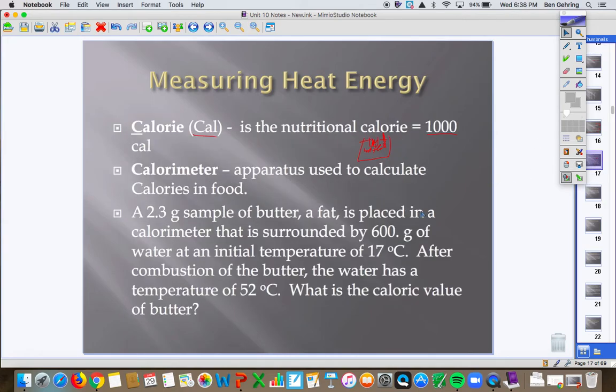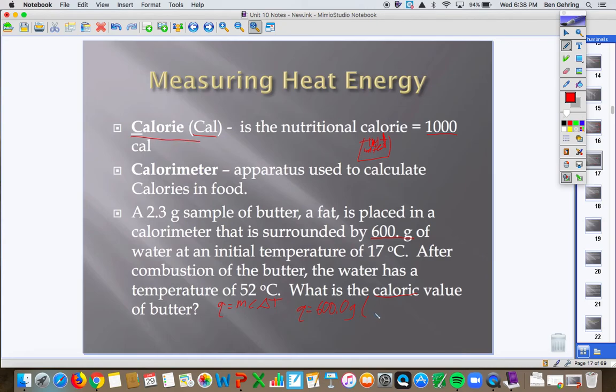Okay, and so here we go. We're looking for calories, so we're looking for Q. Q equals mc delta T. I know the mass of my water, because that's what I know, is 600 grams, times the specific heat of water in calories. We're looking for caloric value, so we're looking for the nutritional calorie.